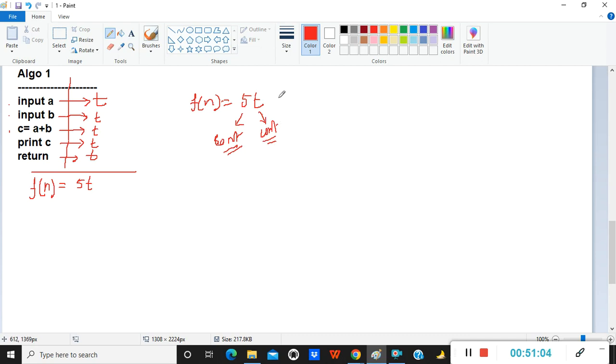So can't we say that f(n) is equal to a constant c, where c is a constant? Our function will be f(n) equal to c, where c is a constant.